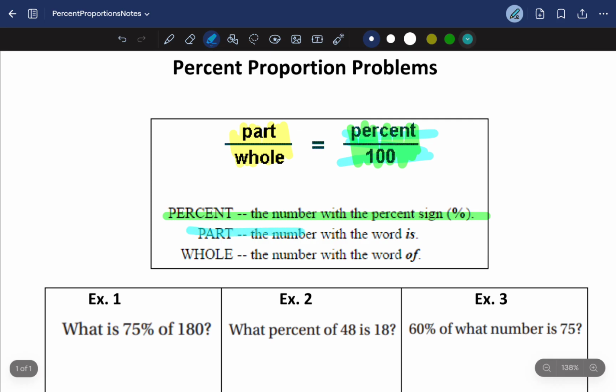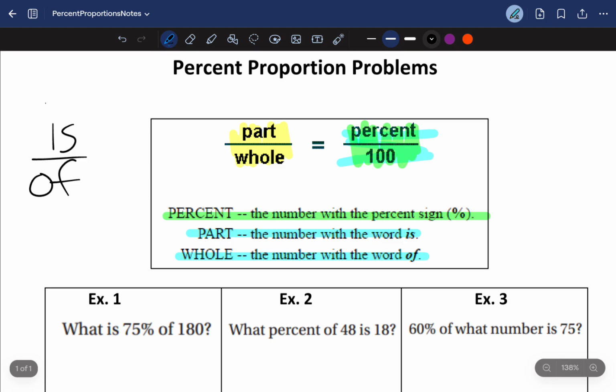Part is the number with the word is, and whole is the number with the word of. Just to clarify, if you can write is over of, that'll help you a lot with where to put your verbiage. Is refers to the part or result.